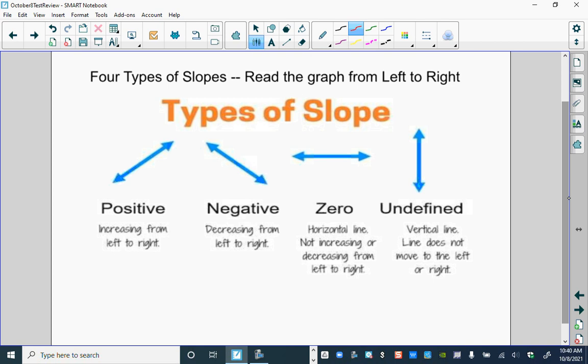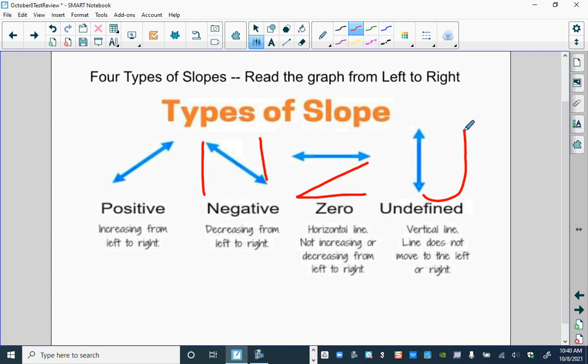Some of the hints were: the negative, that's a line going that way; 0, letter Z; and the undefined looks like a letter U, up and down; and the positive looks like the capital letter P starting to fall on its head.